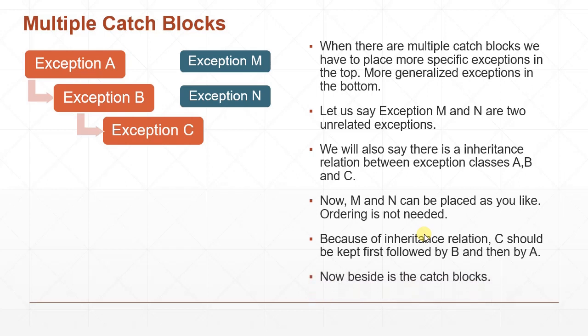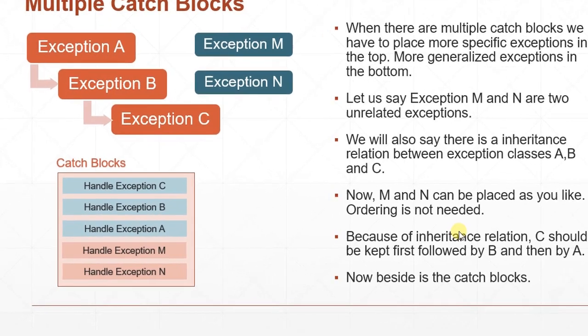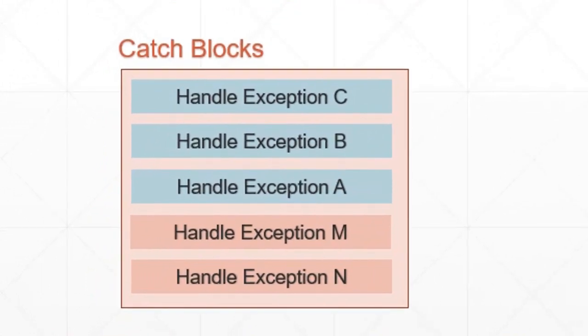Now beside is the catch block, and you can see how the catch blocks are stacked up. Here, if you see, the ordering of C, B, A is important because of this inheritance relation and the rule: most specialized exception should go first and most generalized exception will go last.